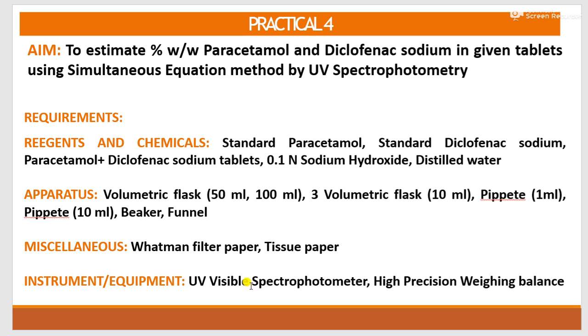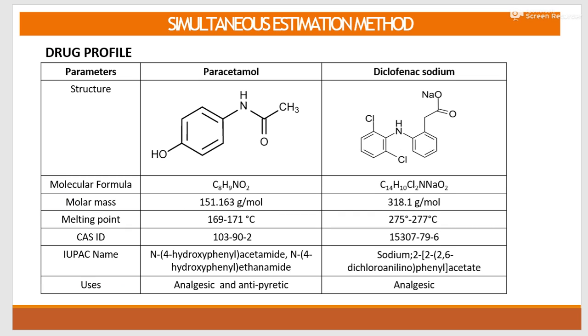You require a UV spectrophotometer for carrying out analysis, and a high precision weighing balance for weighing samples as well as standards. This slide depicts API profiles of paracetamol and diclofenac sodium: molecular formula, molecular mass, melting point, CAS number, IUPAC name, and uses.